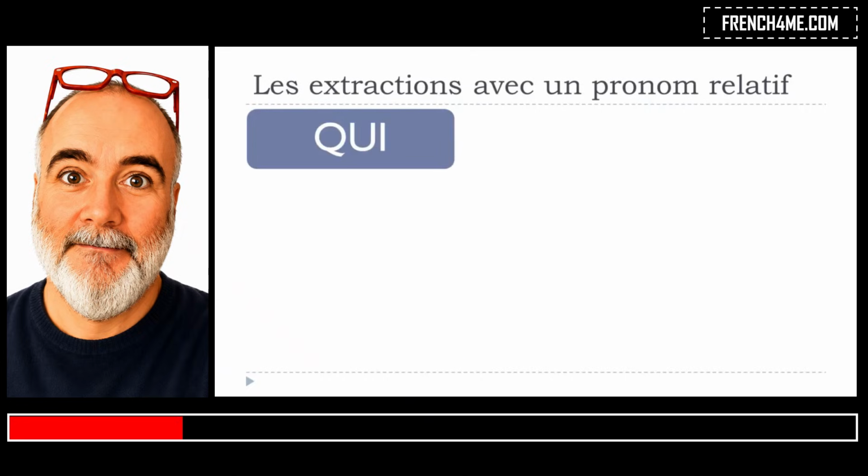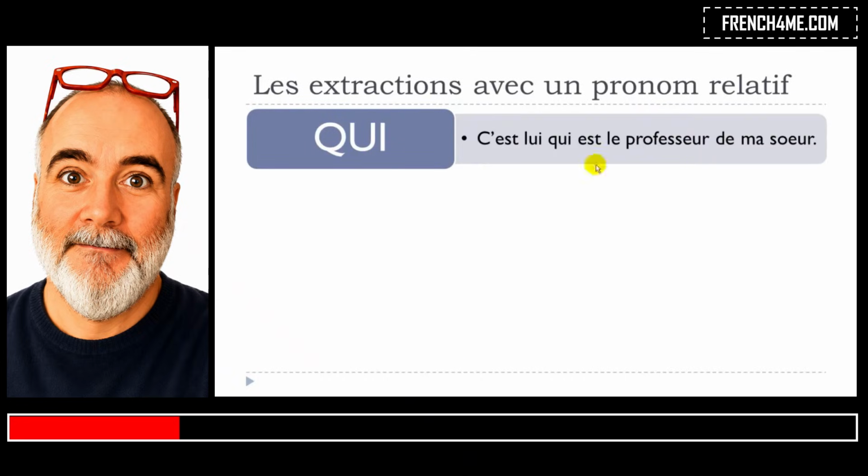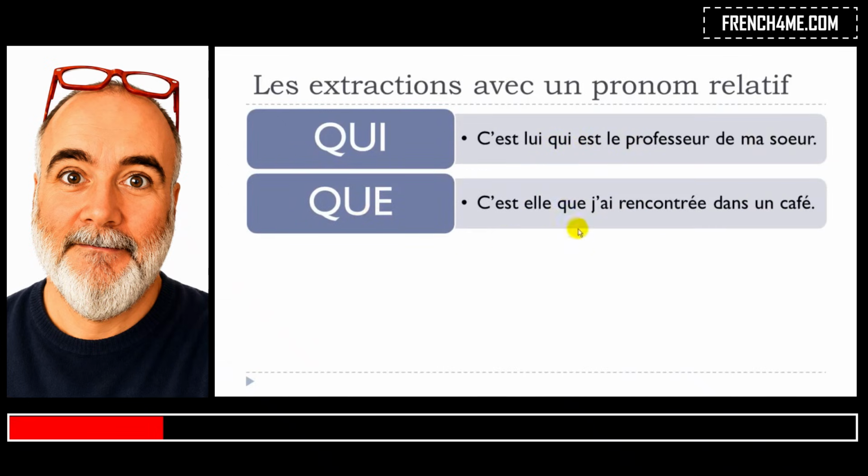Remember that we will use qui. C'est lui qui est le professeur de ma sœur. In that case, qui is used just because it's the subject in the second part. Then que, because it will be complément d'objet direct, c'est elle que j'ai rencontrée. So basically que is instead of la personne, j'ai rencontré cette personne, so it's complément d'objet direct, and it replaces this person.